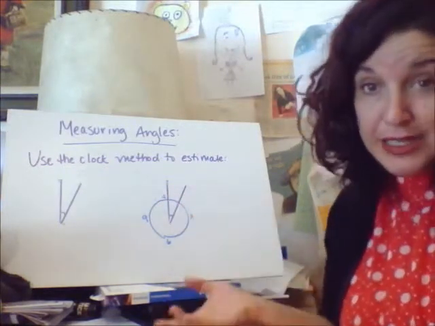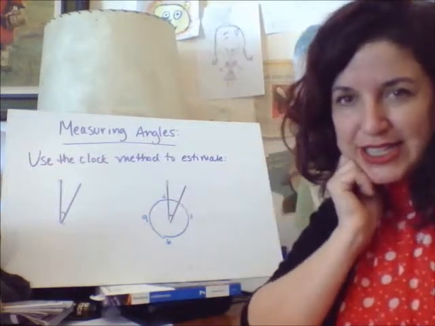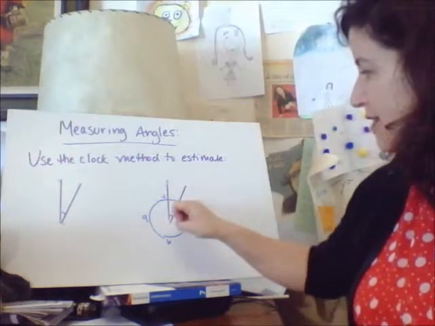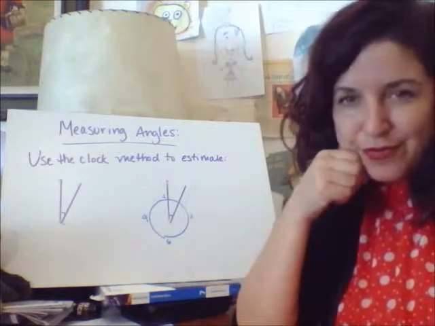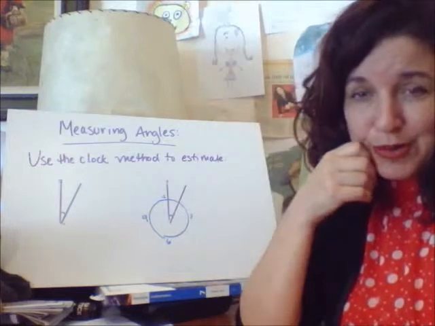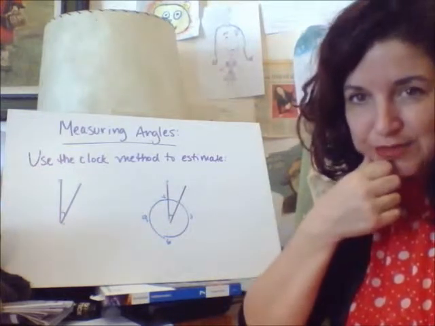So we know it's got to be less than 90 degrees. Then you could look and say, it's actually a little bit less than halfway to the 3. It's probably not quite to the 2. So it would be less than 45 degrees, so less than half of 90. So you might say about 33 degrees. And I think you'd be pretty close. I think that's quite a good estimation.